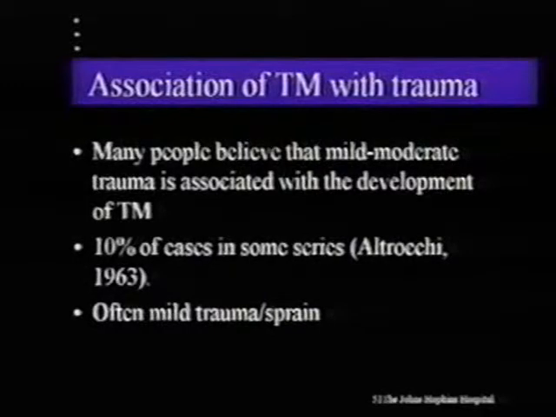Now, is there a relationship to trauma? Many of you, if I asked you to raise hands, would say that there was a trauma, something that happened that preceded the onset of symptoms. A back sprain, a pull, a pop, something like that. And we don't know how important it is, but we've asked. And when we go back through the literature, you find that it's up to maybe 10% of cases, although in many cases it's 0.